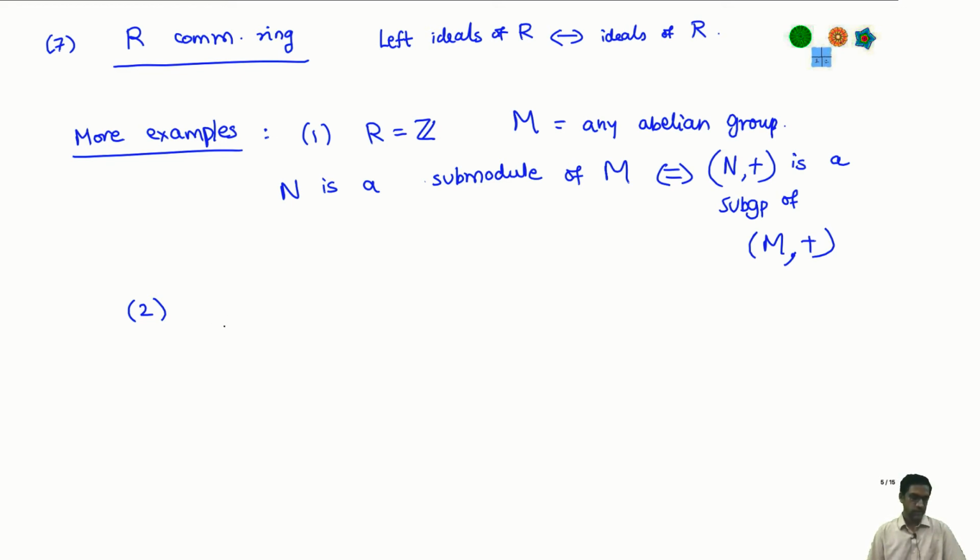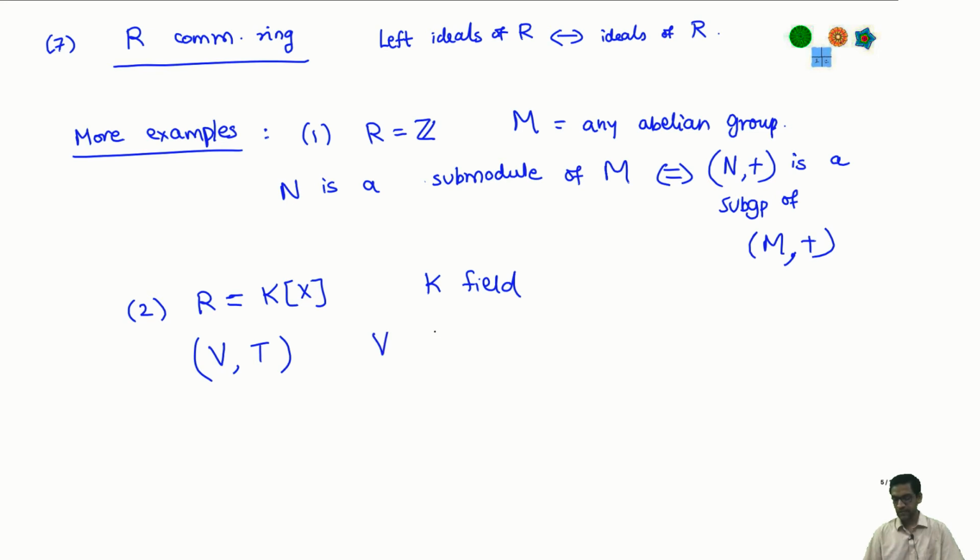Okay, so example 2, which is slightly less trivial, is our ring of polynomials in a single variable. So let's take K to be a field and R to be the ring of polynomials K[x]. And now recall from one of our earlier lectures: how do you construct modules over this ring K[x]? The way you do it is, a module can be obtained by starting with this pair (V, T).